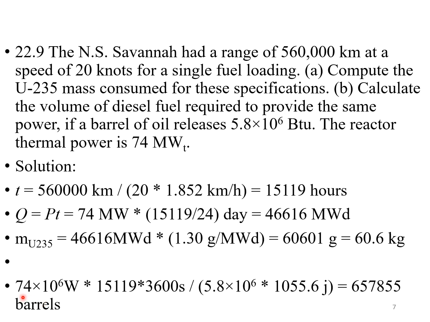So we use the 74 megawatts thermal times the number of hours, the traveling time. We use watts times seconds, so we get joules. Power times the duration of time gives the total heat. We use SI units so that in the numerator the unit is joule.